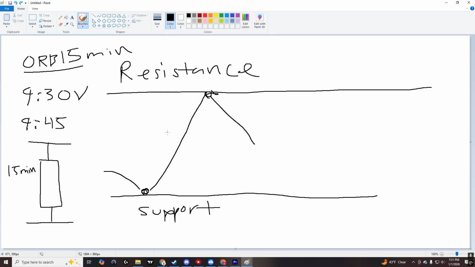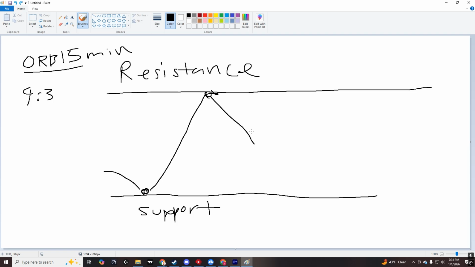The other strong version of support and resistance is pre-market highs and pre-market lows. That basically is from 4:30 till 9:30, you will chart the pre-market highs and pre-market lows. So this could be 4:30 lows, it could be highs.